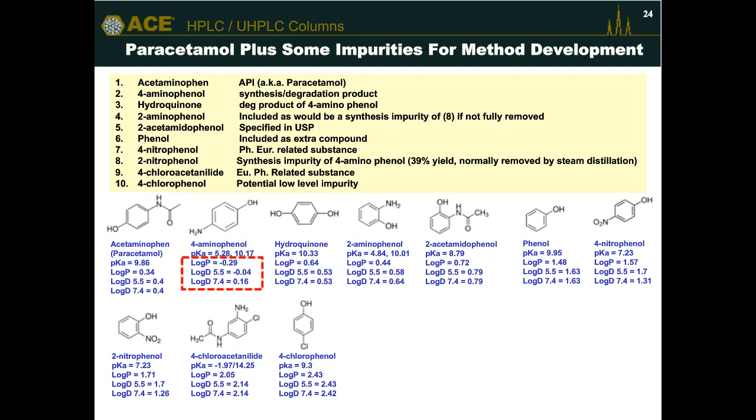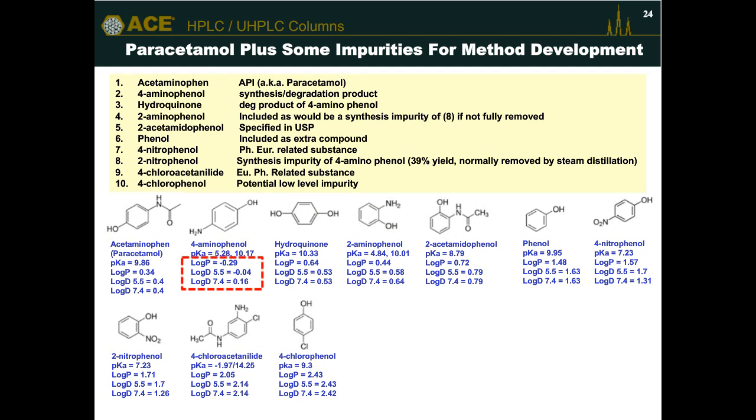We can see here that 4-aminophenol has a log P value, a measure of lipophilicity, that is negative. This means that it's highly hydrophilic. It is a very polar compound. And in fact, this compound is so polar that it's not retained in reverse phase chromatography under acidic conditions.